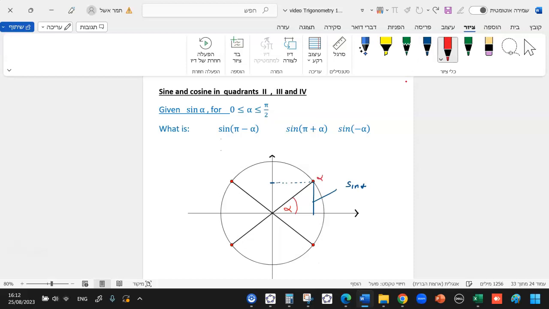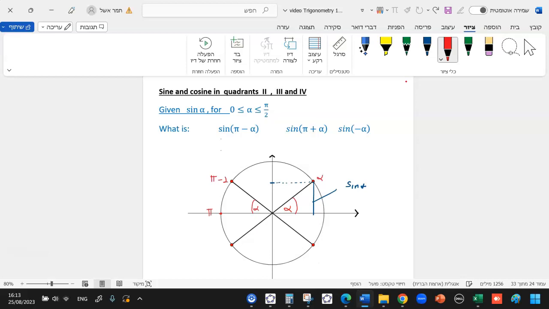We're interested in the sine of pi minus alpha, pi plus alpha, and minus alpha. Notice in this drawing that this is also alpha. So, given that this is pi, 180 degrees, so this point matches pi minus alpha.